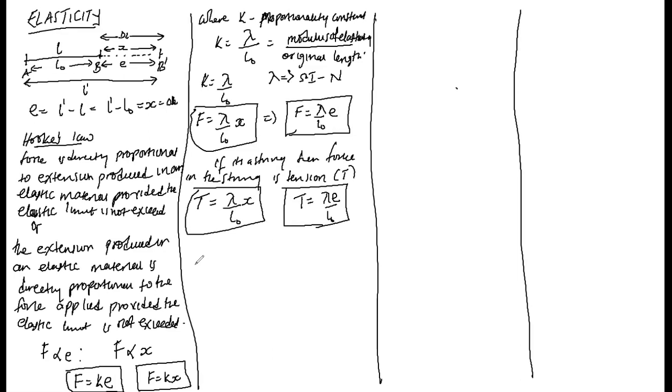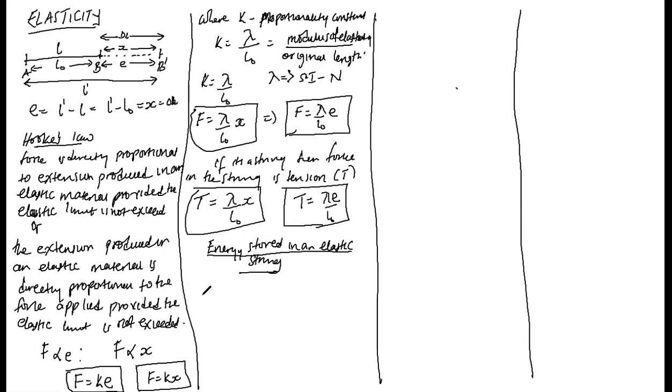Then furthermore, we also have what we call energy stored in an elastic string, spring or material. As we do work from B to B prime, we are moving a distance small x or small l.